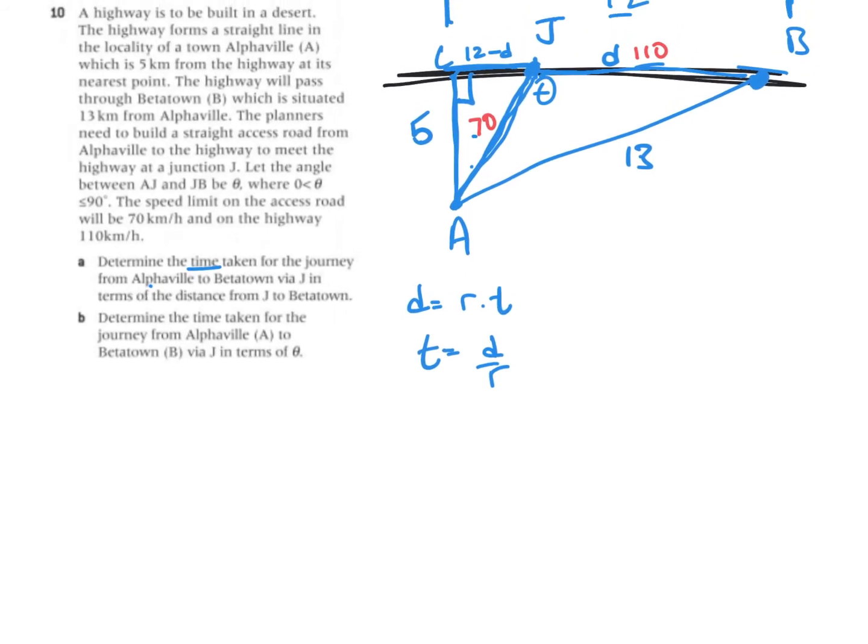So to find this first distance here, I know that AJ squared will be 5 squared plus 12 minus D squared. And if I square root that, that will give me AJ.